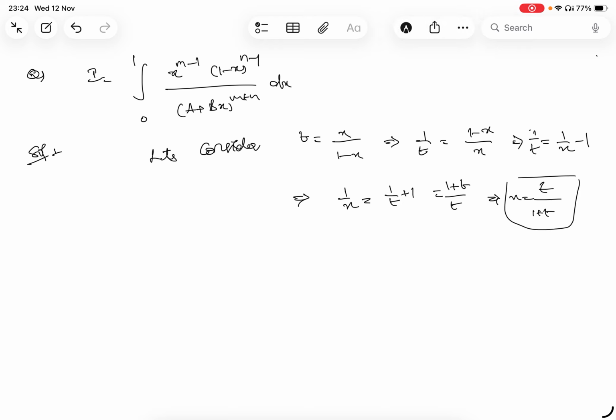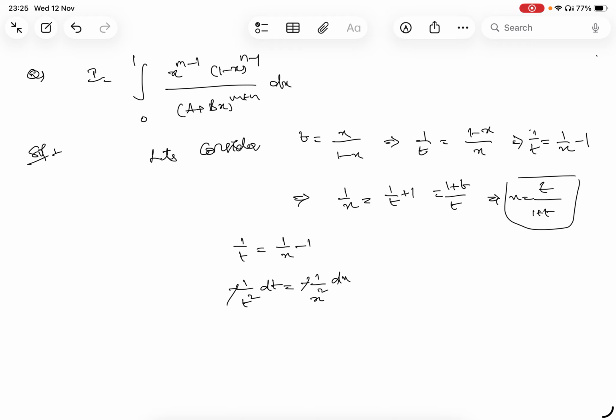Fine, just remember this result as we are substituting, and we need to find a dx value, right? How will we find dx? Here 1 by t is 1 by x minus 1. So now if we differentiate, this will be minus 1 by t square dt equal to minus 1 by x square dx. Differentiation of 1 is 0, so this will go off.